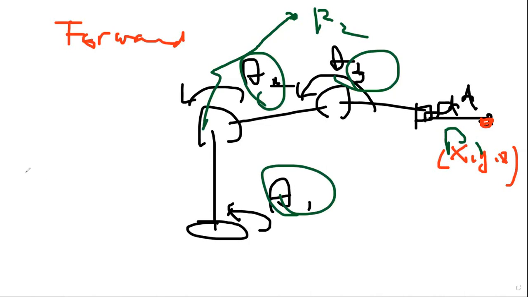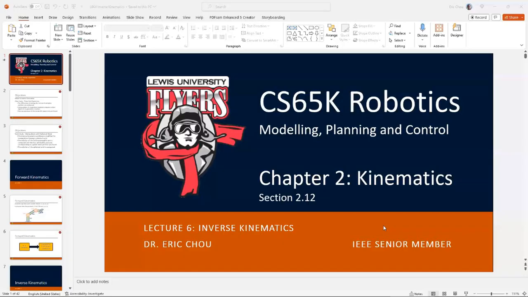I just give you the end effector's location, and you need to calculate for me. That's called inverse kinematics. So forward kinematics means using the control of theta 1, theta 2, and the d displacement numbers to figure out where the end effector is.